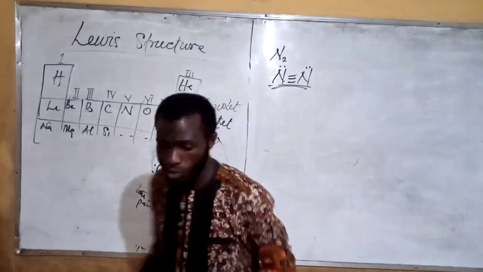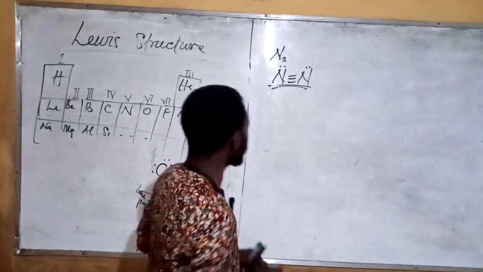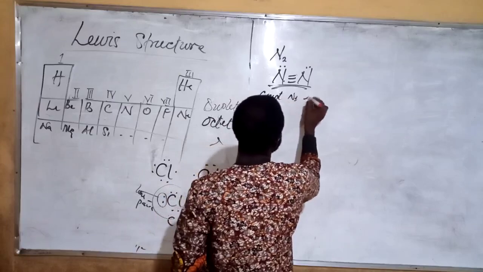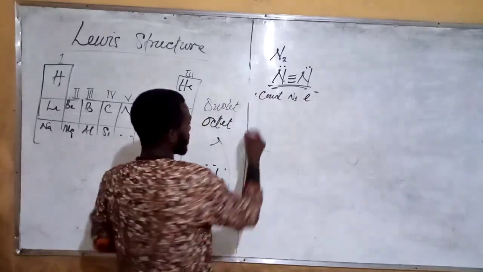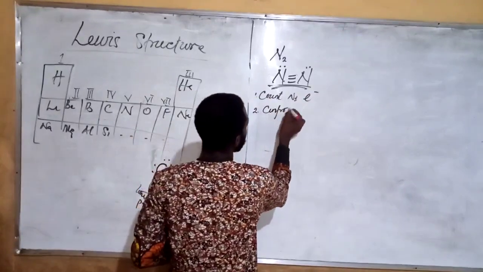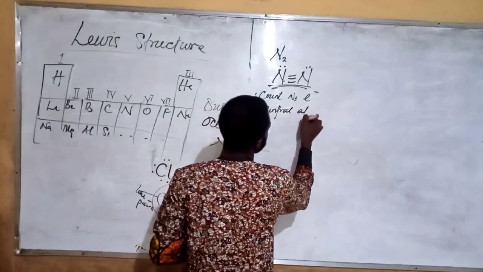Now, there are basic rules for drawing the Lewis structure. The first rule is this, that you should count the number of electrons. Now, after counting the number of electrons, you determine which atom will be the central atom.